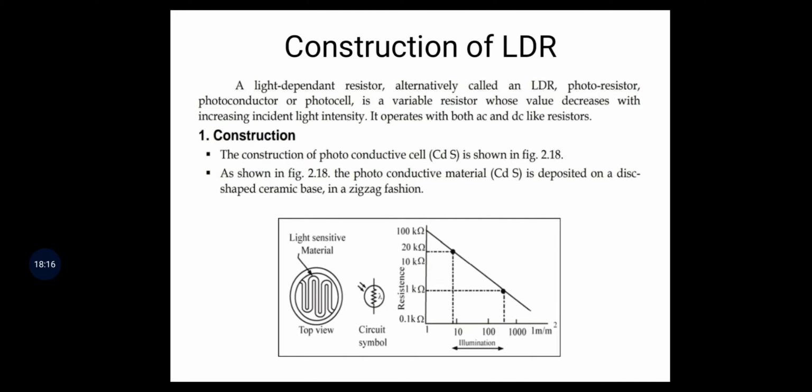Here we use cadmium sulfide, which acts as a photoconductive material, deposited on a disc shaped ceramic base. Here the base material is ceramic. On that we place the cadmium sulfide material in zigzag fashion.